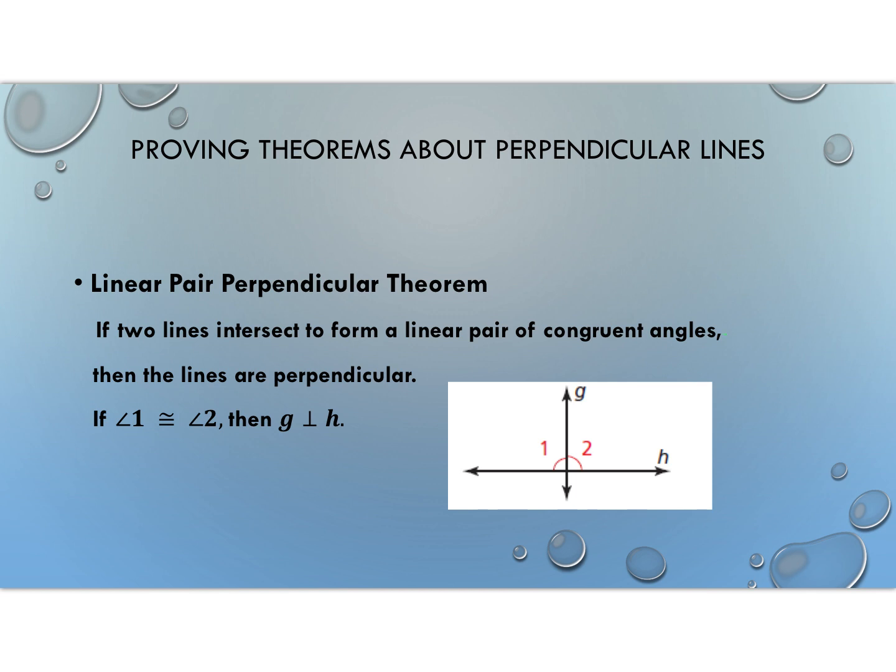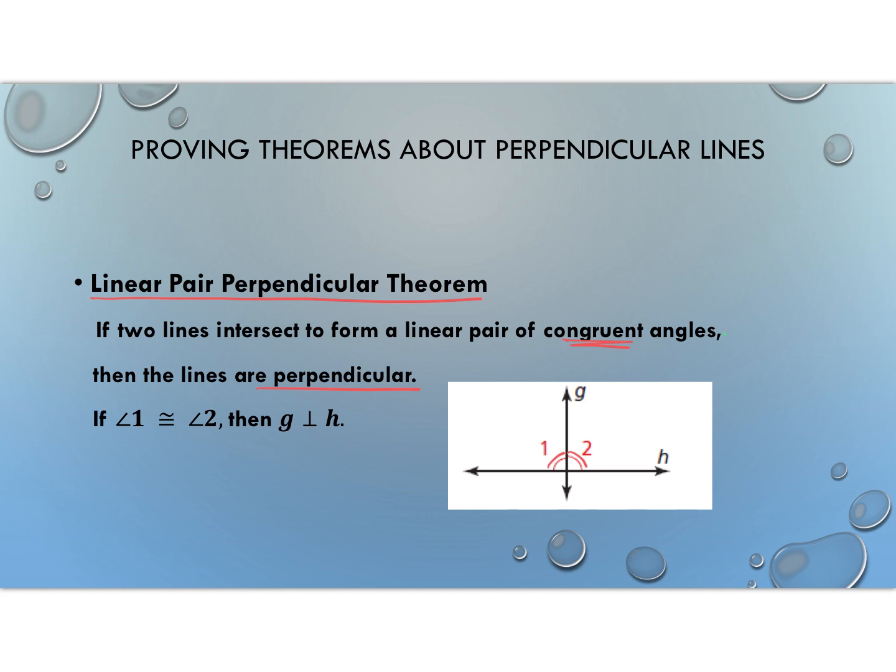We're going to have some theorems about perpendicular lines, and then we're going to have to actually prove them. The first one is the linear pair perpendicular theorem. So this is another new theorem. It says, if two lines intersect to form a linear pair of congruent angles, then the lines are perpendicular. So what this is saying is that if line G intersects line H, and the angles that are formed are equal or congruent to each other, angle 1 equals angle 2, then line G and line H must be perpendicular to each other.